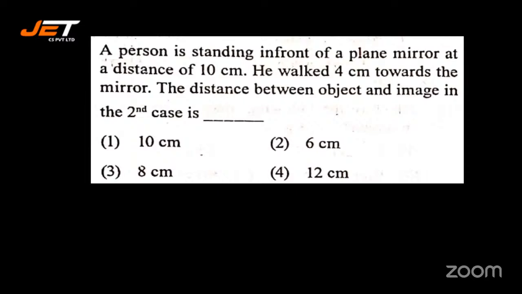Image or mirror ఇలా ఉంటే ఆబ్జెక్ట్ ఇలా ఉంది, 10 centimeters దూరంలో ఉంది, 4 centimeters దగ్గరకు వచ్చింది. 6 centimeters is the distance between object and image in the second case. But he's saying object and image in the second case. Object ఇక్కడ ఉంటే image ఇక్కడ ఉంటుంది. This is 6 centimeters, this is 6 centimeters. Total is 12 centimeters.